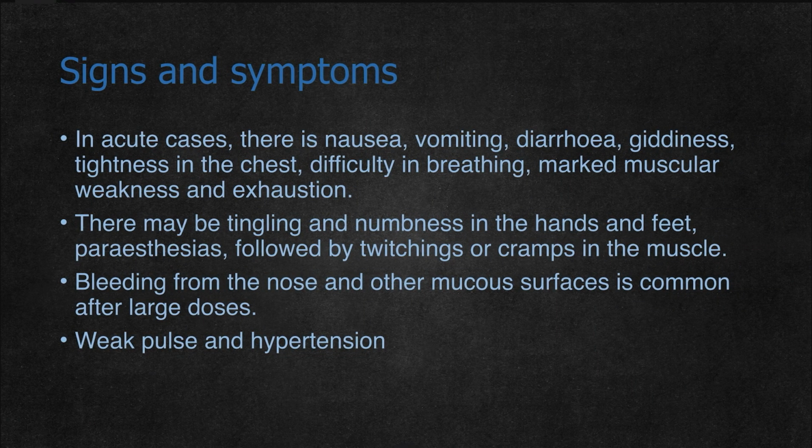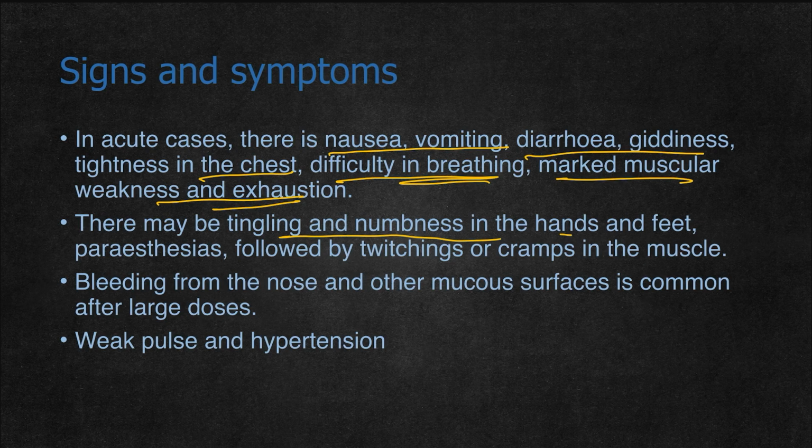Coming to signs and symptoms, in acute cases there is nausea, vomiting, diarrhea, giddiness, tightness in the chest, difficulty in breathing, marked muscular weakness and exhaustion. There may be tingling and numbness in the hands and feet, paresthesia, that is abnormal sensations, followed by twitchings and cramps in the muscles.